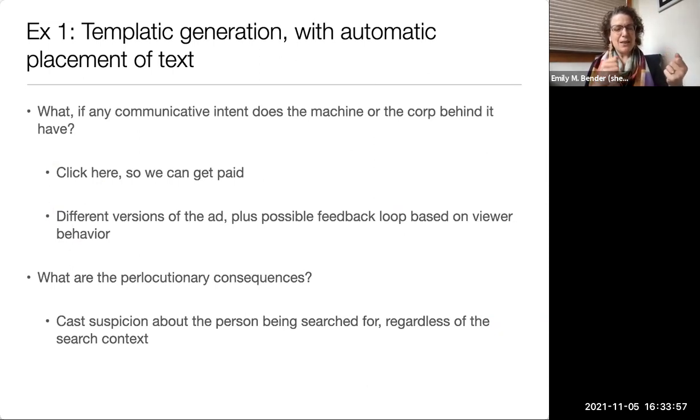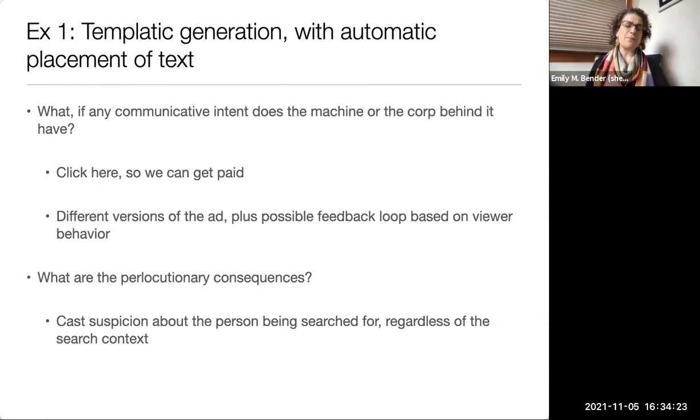And then there's the possibility of a feedback loop, that the corporation was trying to maximize the ad revenue. And so as users encountered this and were more likely to click if it was a pairing of arrest record plus African-American sounding name, and more likely with the white sounding names to click on the other type of ad, that produced a feedback loop that then changed what got served up.